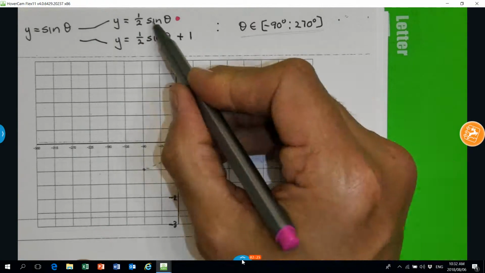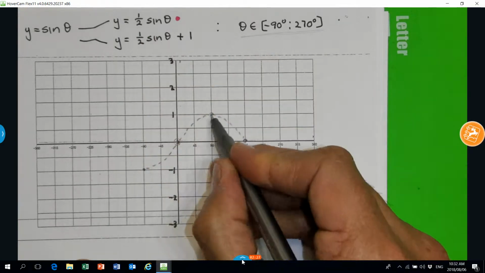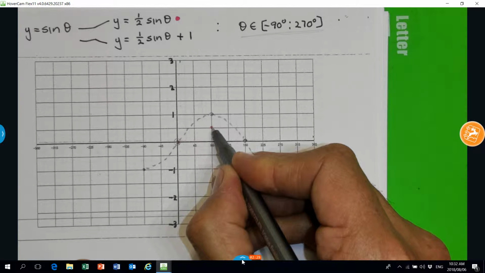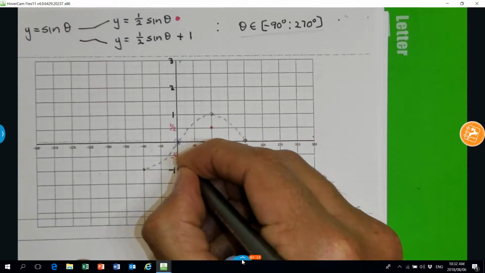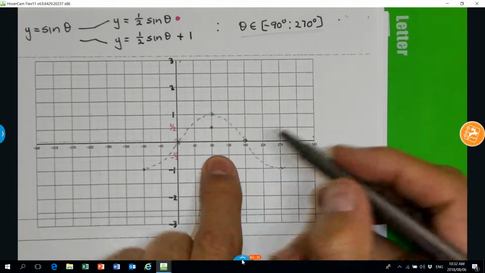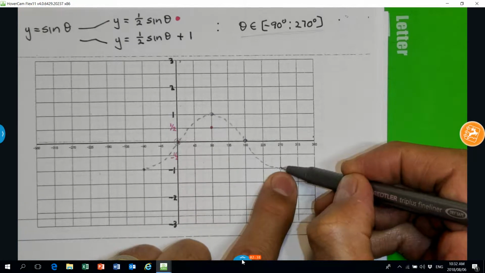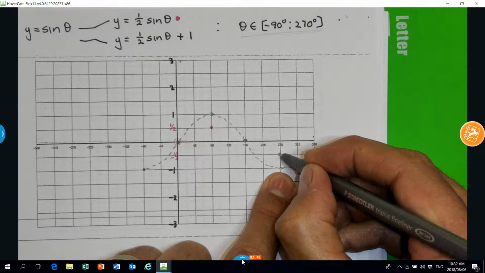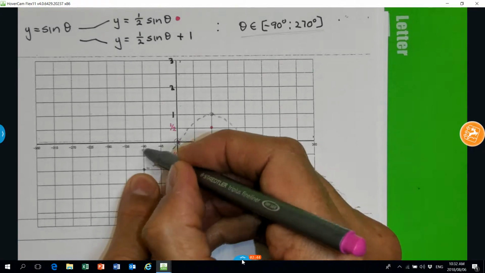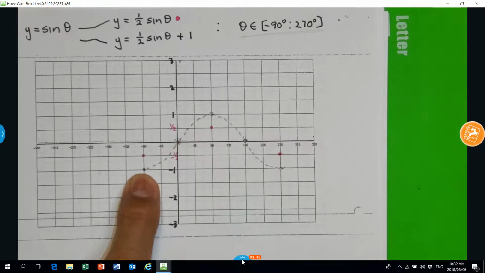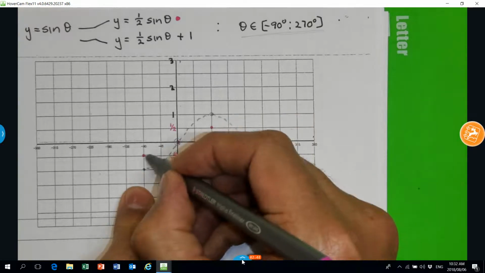I am multiplying them by a half. So 1 times a half means it's going to end up with a half as a maximum. The minus 1 here times a half brings me to minus a half. And here the same thing. Minus 1 times a half is minus a half.